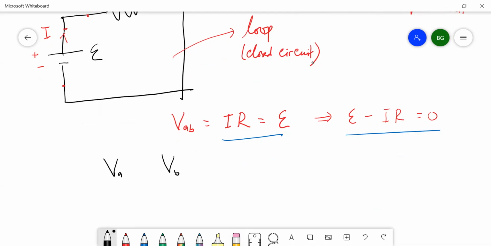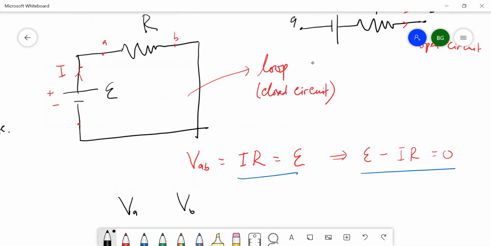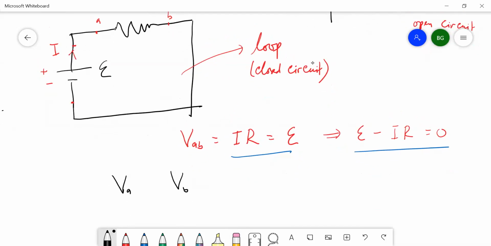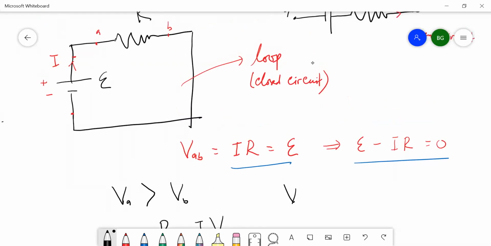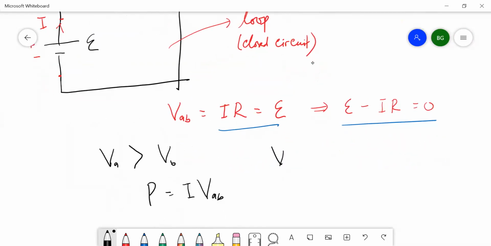Which one is greater in the potential, sorry, in the resistor? VA. Yeah, VA is greater than VB. Okay, so that's why this P here is equal to I VAB.